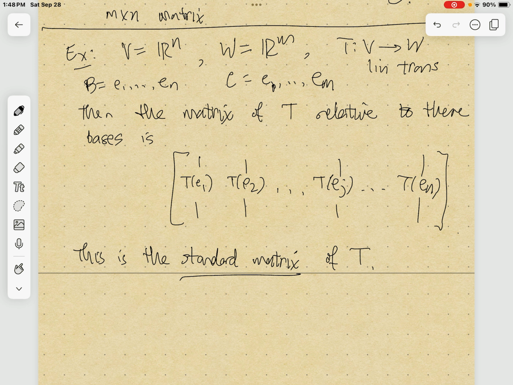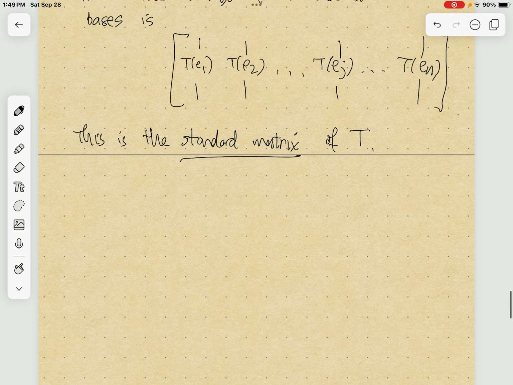And if you choose different bases for V and W, you're going to get different matrices, just like you get different coordinate vectors. Okay. And so when you have one linear transformation, you can actually get lots of different matrices that represent the same linear transformation by choosing different bases.